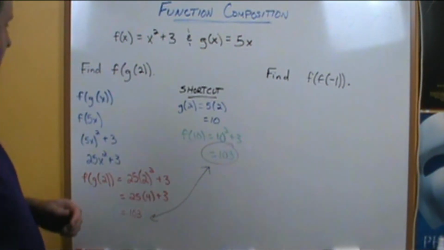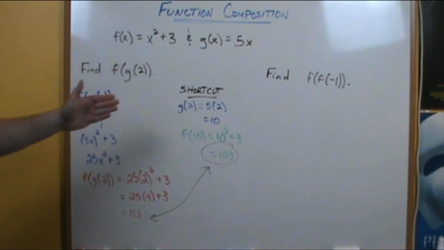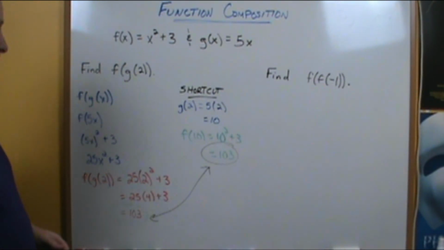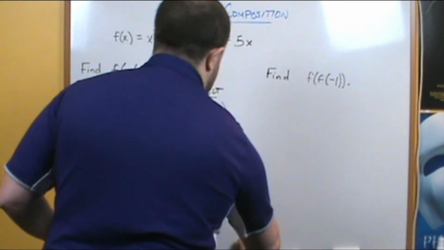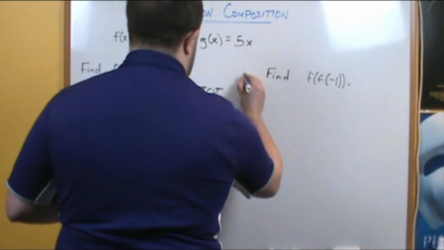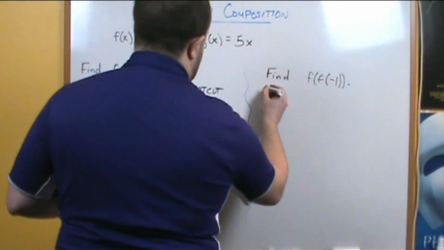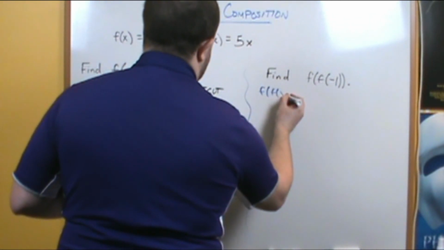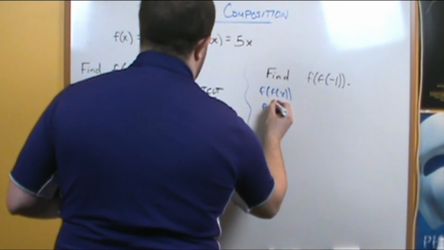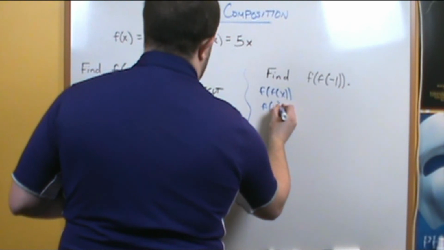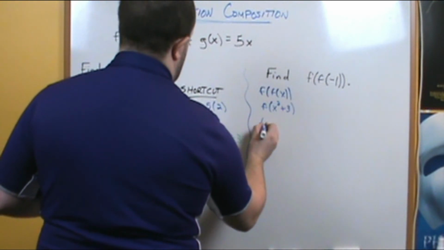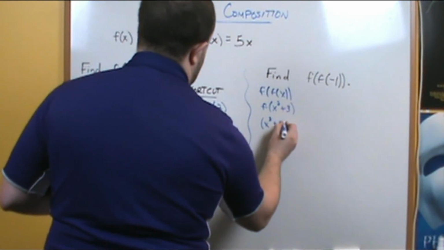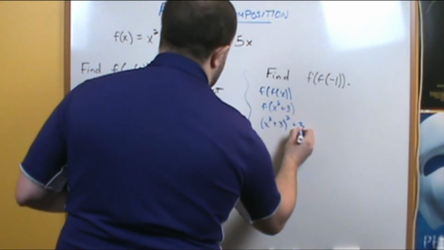Whether you want to do it the long way or the short way, it's up to you. I'm going to do it the long way first. I'm going to find f of f of x. That's going to be f of x squared plus 3, which is x squared plus 3 squared plus 3.